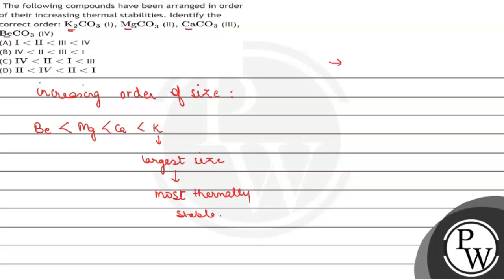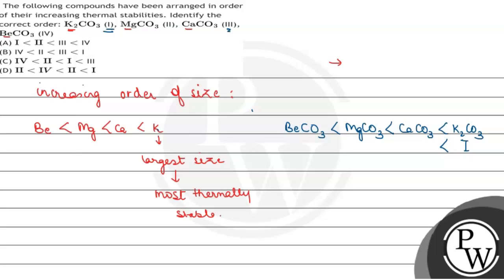So order of thermal stability will be beryllium carbonate, magnesium carbonate, followed by calcium carbonate and potassium carbonate.